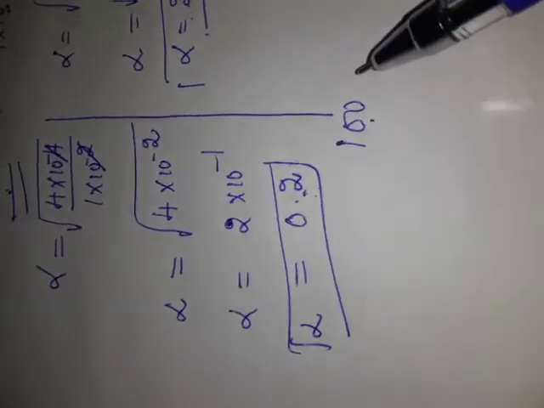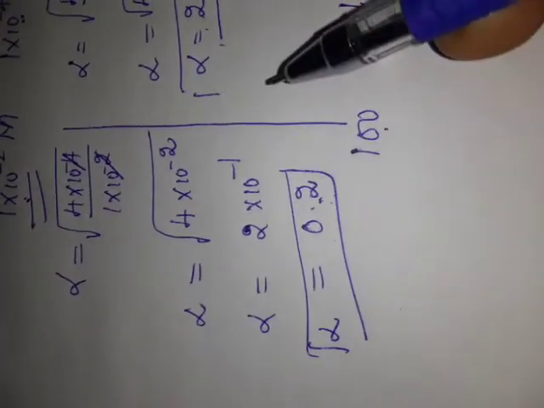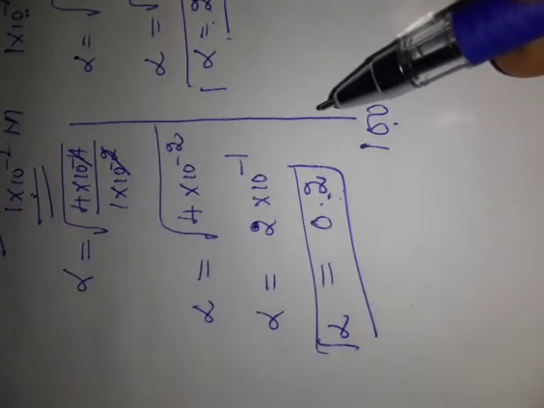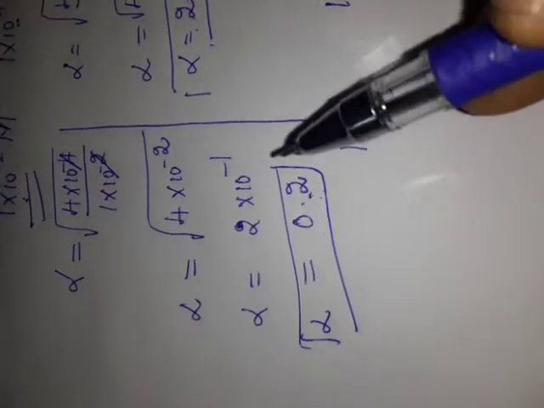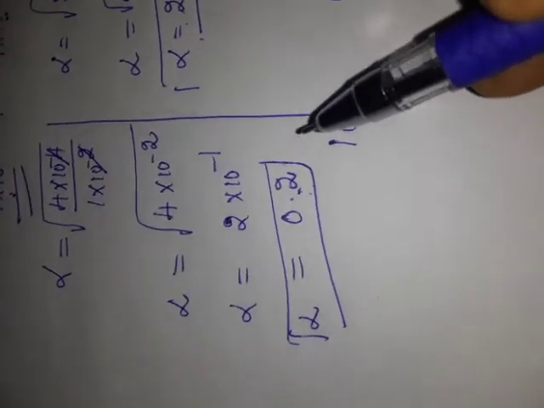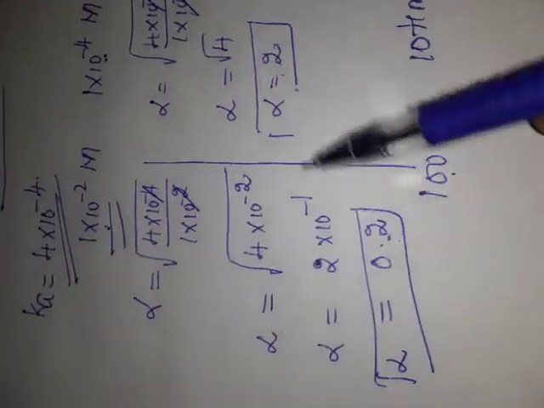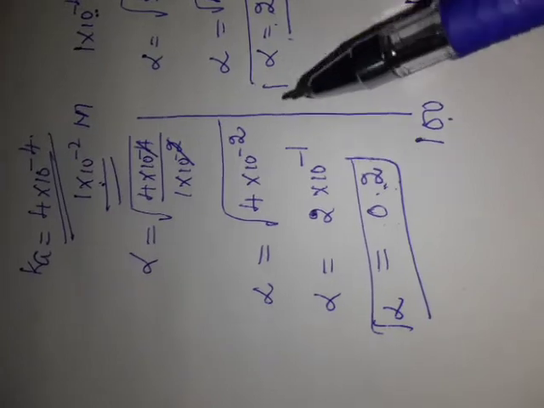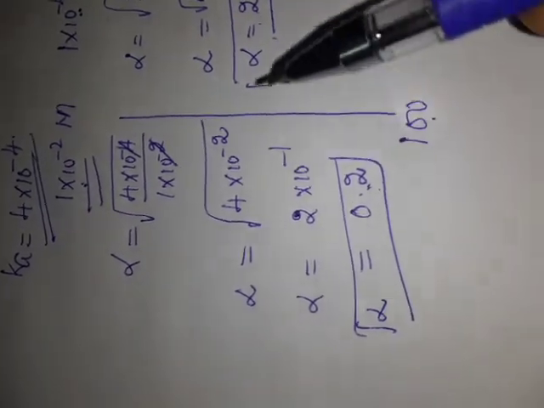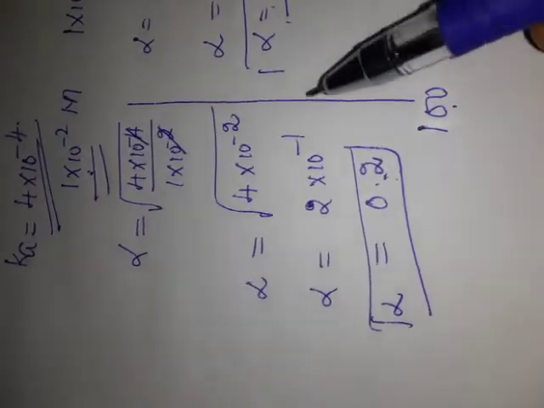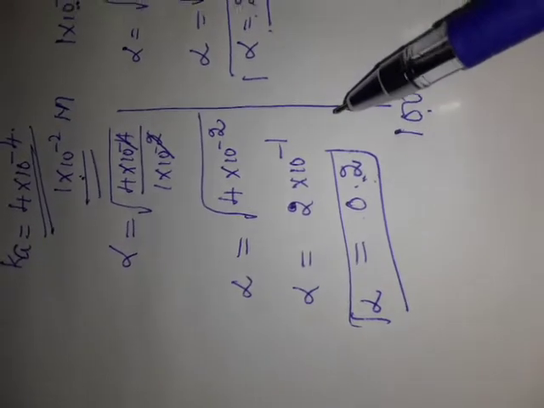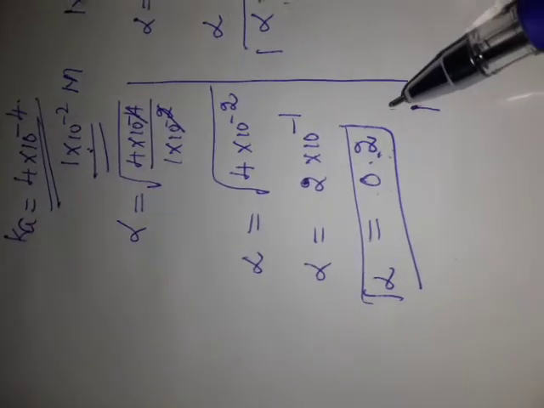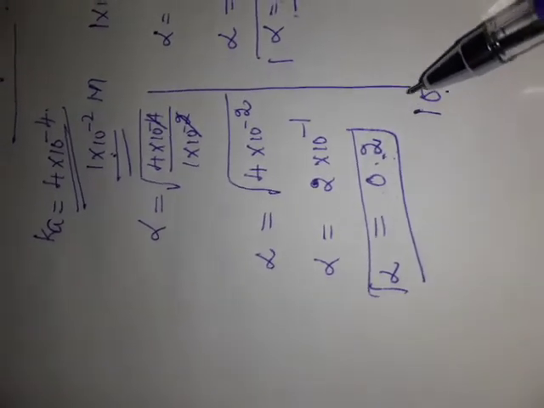Thus we conclude that when dilution increases, the degree of dissociation of a weak electrolyte increases. This statement is called Ostwald's dilution law. That is, when dilution increases, the degree of dissociation of a weak acid also increases.